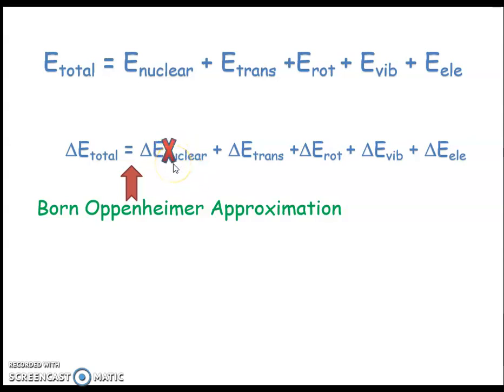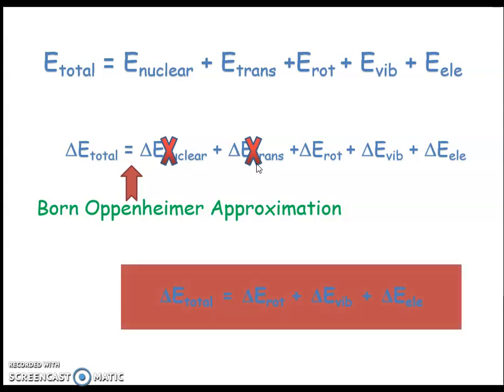So, the change in nuclear energy can be avoided. And also, since the translational energy is extremely small and is not quantized, it can also be avoided. So, by the Born-Oppenheimer approximation, the total energy change of a molecule arises by the sum of the change in rotational energy, the change in vibrational energy, and the change in electronic energy.